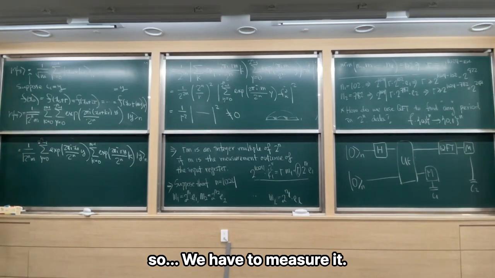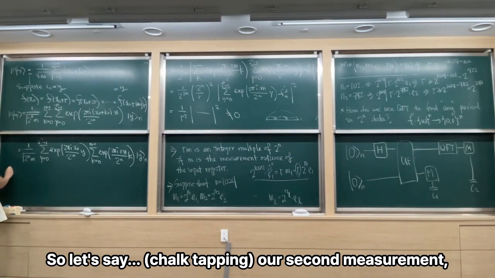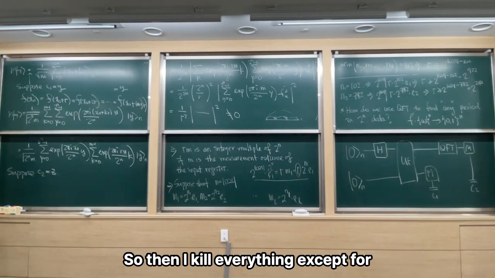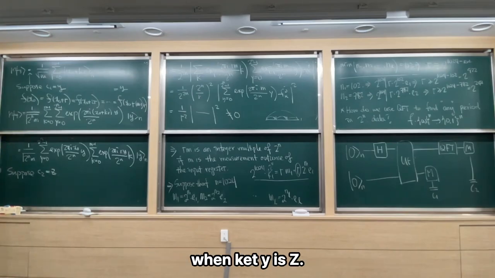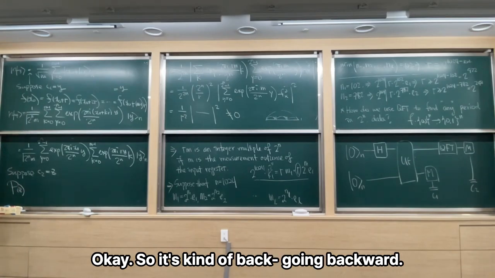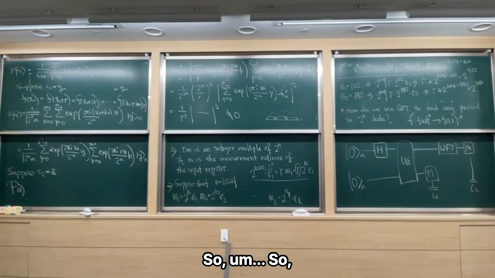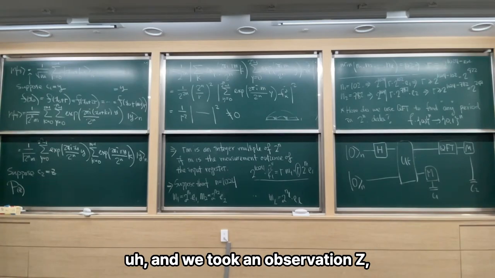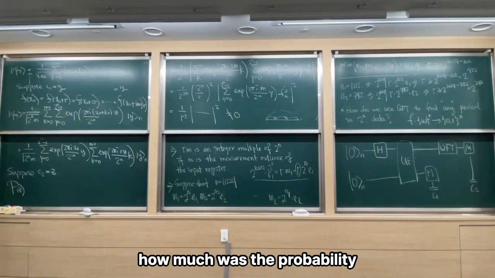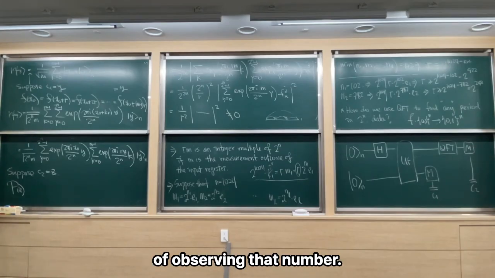Okay, so we have to measure it. Let's say our second measurement, C2, is z. Then I kill everything except for when ket y is z. So what is the probability of observing z? It's kind of going backward. Let's say we took a measurement and observed z, and then trace back how much was the probability of observing that number.